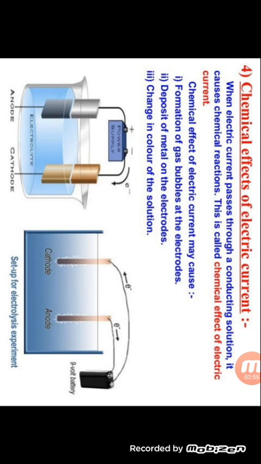First change is the formation of gas bubbles at the electrodes. There may be change in the color of the solution, or there may be formation of deposits at the electrodes.